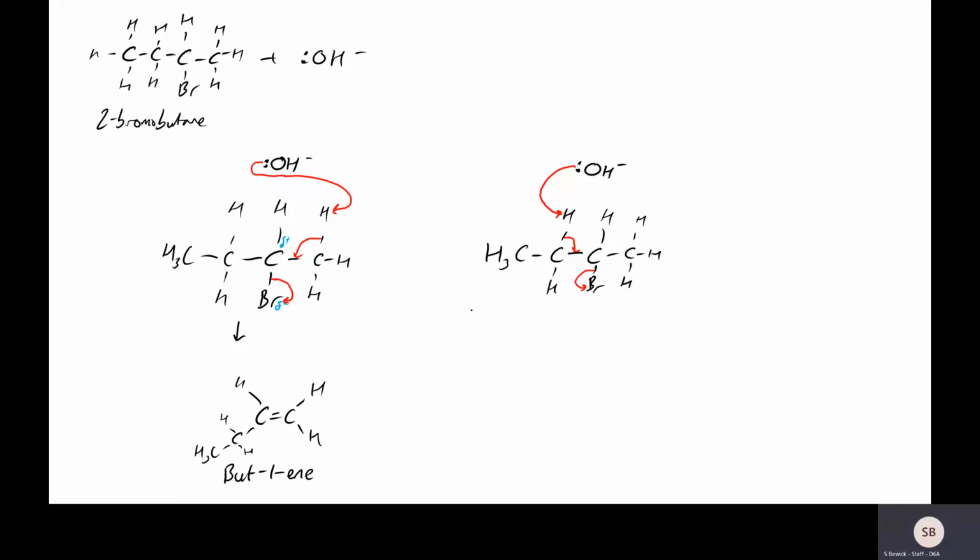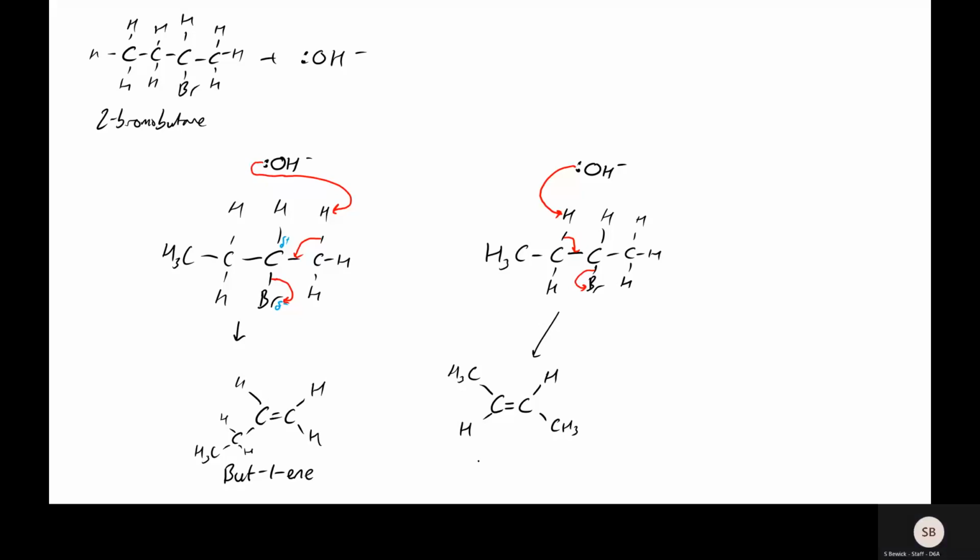So now if we draw what we've got, the carbon-carbon double bond. The carbon, let's start on the left-hand carbon, that's now attached to a CH3 group and a hydrogen. And the carbon number 2, the one that did have the bromine on, is attached to a hydrogen and is also attached to a CH3 group.